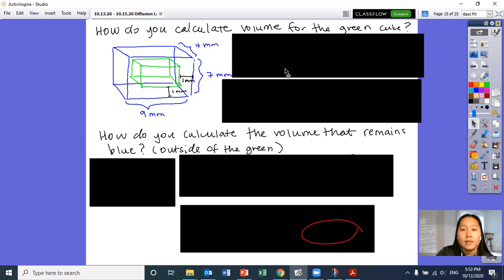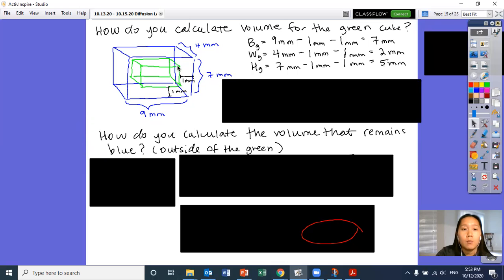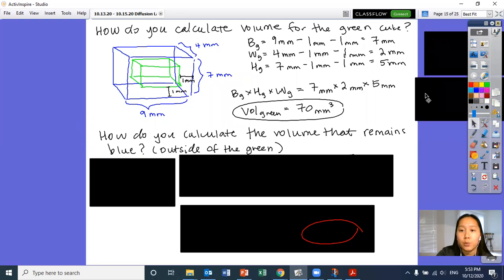And then lastly, you have your width. You have 1 missing from this side and 1 millimeter missing from this side, so 4 minus 2 is going to be 2 millimeters. After you've done all of those subtractions, you should be able to find the green cube volume just by doing your new base times height times width, which is 70 millimeters cubed.